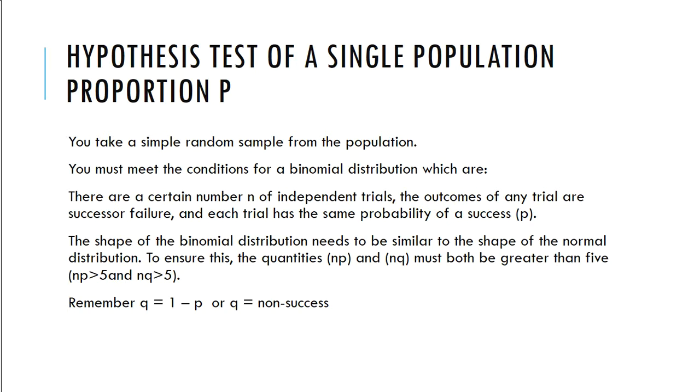As an example, say I want to toss a coin 10 times, and heads is p and tails is q. So n is 10 because I tossed the coin 10 times. Say I tossed 4 heads. So p would be 4 because that's the number of times I tossed heads, and q would be 6 because that's the number of times I got tails. So remember, q equals 1 minus p, or q equals the non-success.